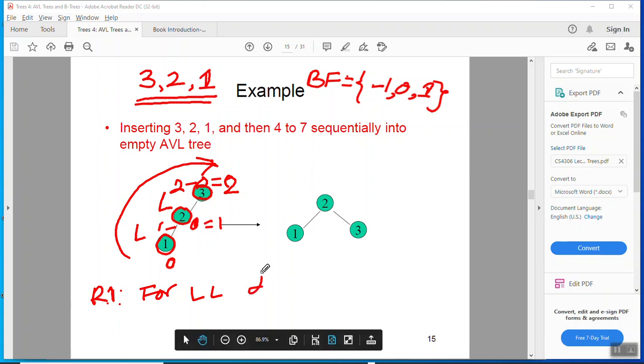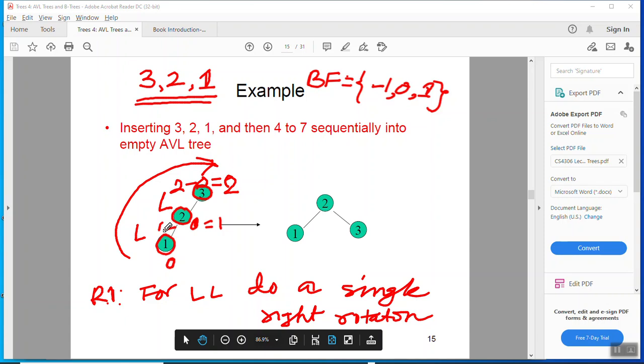Left-left, do a single right rotation. Only one rotation, a single right rotation.